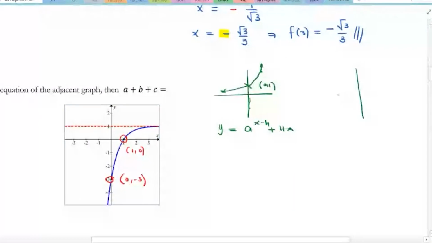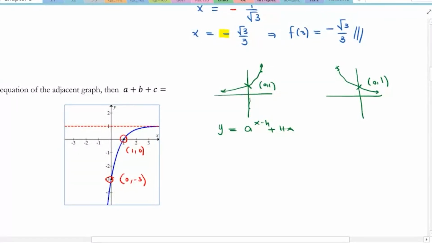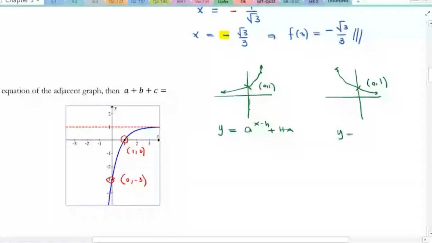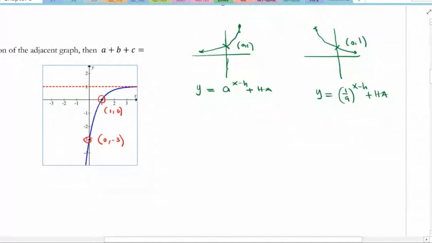Now, the second graph is a decreasing graph, and that is (0, 1) again. Because it is decreasing, that means a is going to be between 0 and 1. So we have y equal to (1 over a) all to the power of x minus h plus the horizontal asymptote. Now, each of them can be reflected.